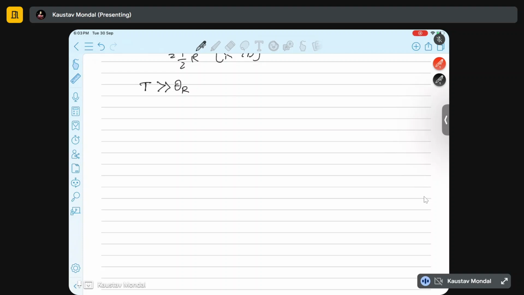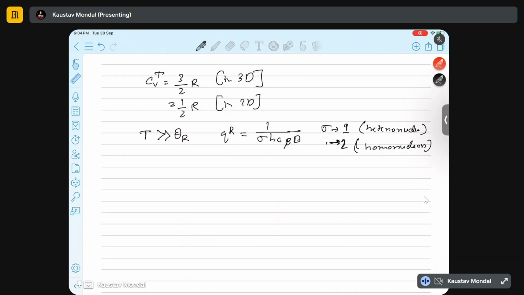If T is greater than theta r, the rotational partition function QR takes the form 1/sigma beta hcB, where sigma takes 1 for a heteronuclear molecule and 2 for a homonuclear molecule. So this is the expression of QR.